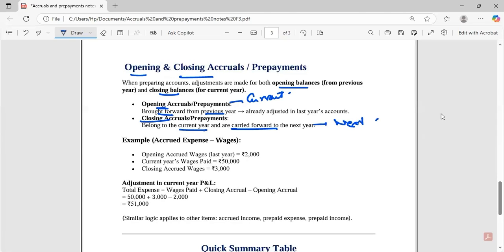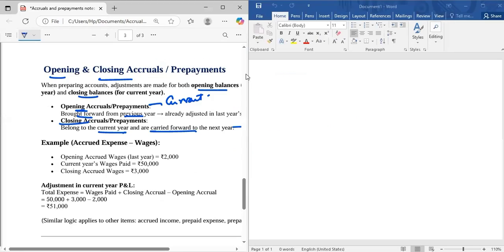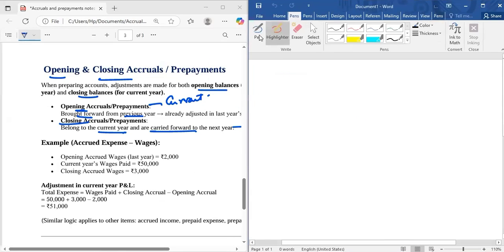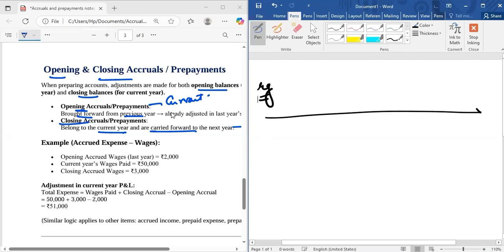Now suppose this is our timeline. Let's say this is 1 April 20x1. Then this is the end of this financial year, 31 March 20x2 it would become.